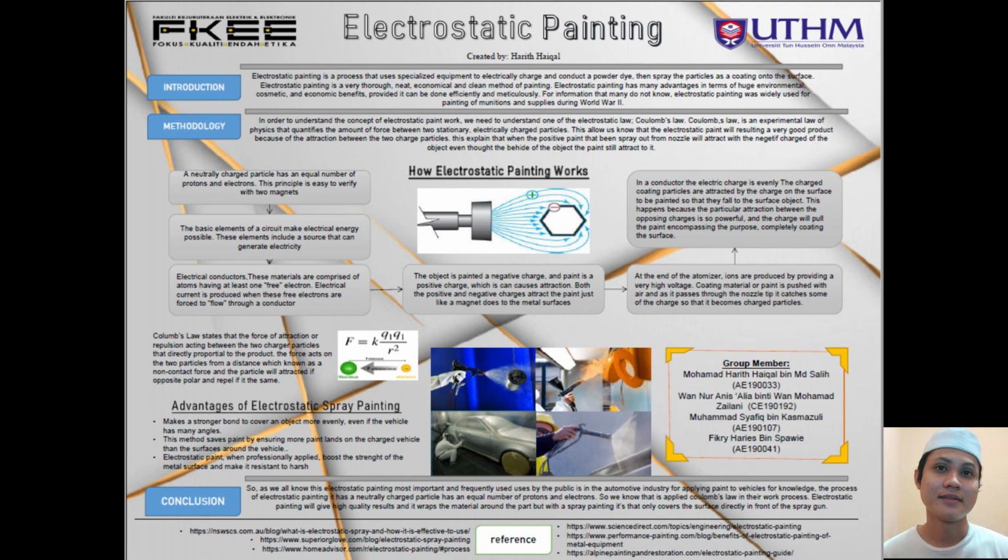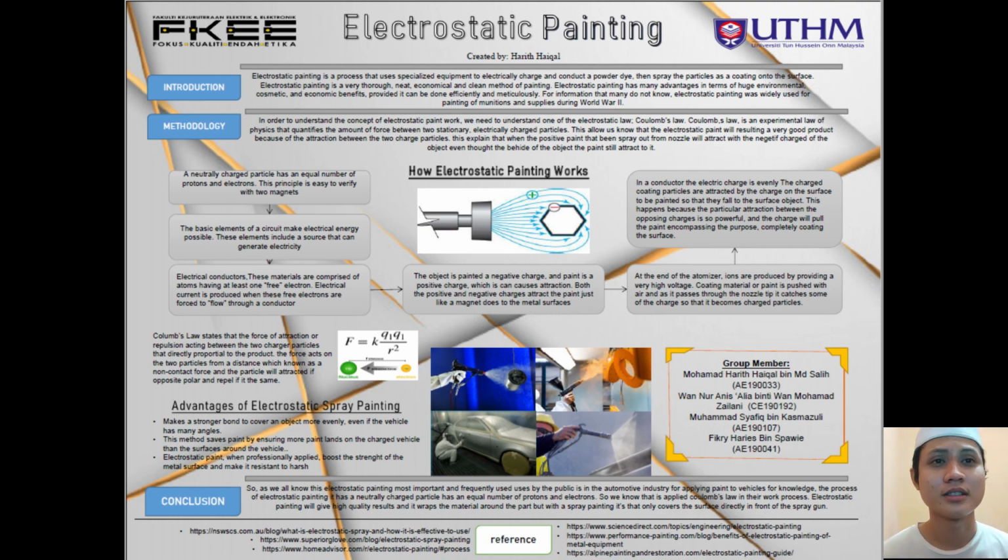There are various benefits that we can achieve by using electrostatic painting instead of conventional spray painting. Electrostatic painting gives high quality results, and it wraps the material around the part, but conventional spray painting only covers the surface directly in front of the spray gun.